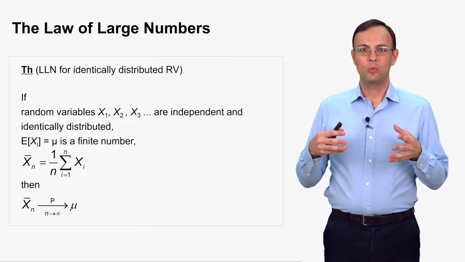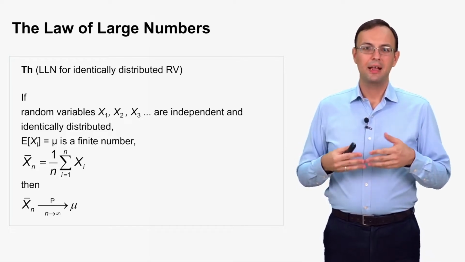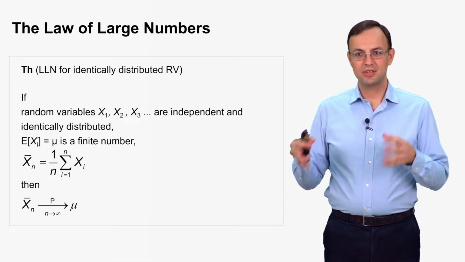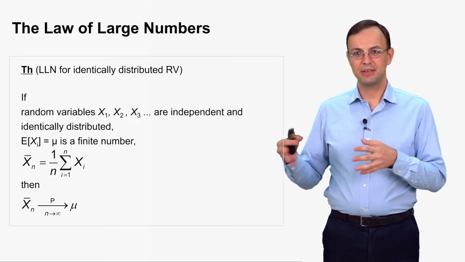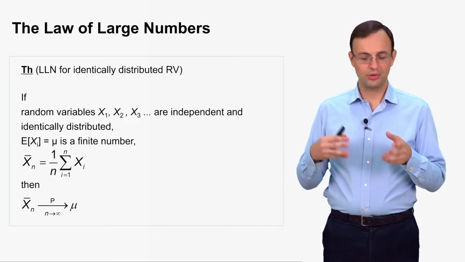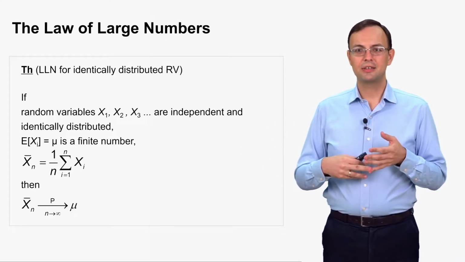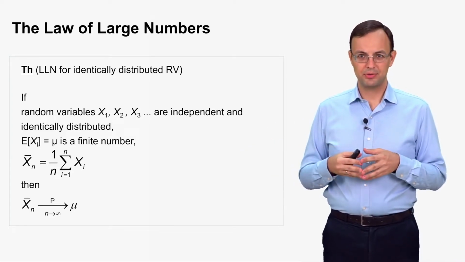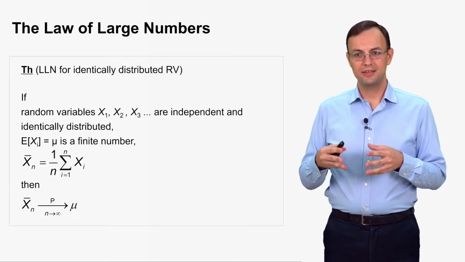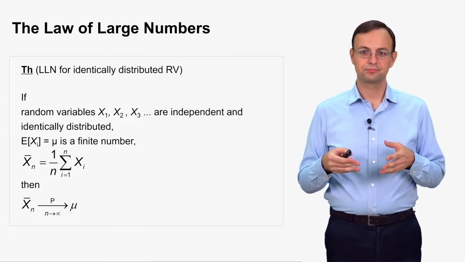So what is the theorem? If you have a random sequence, so a sequence of random variables, x1, x2, x3, and so on, and they are independent and identically distributed, and they have a finite expected value.